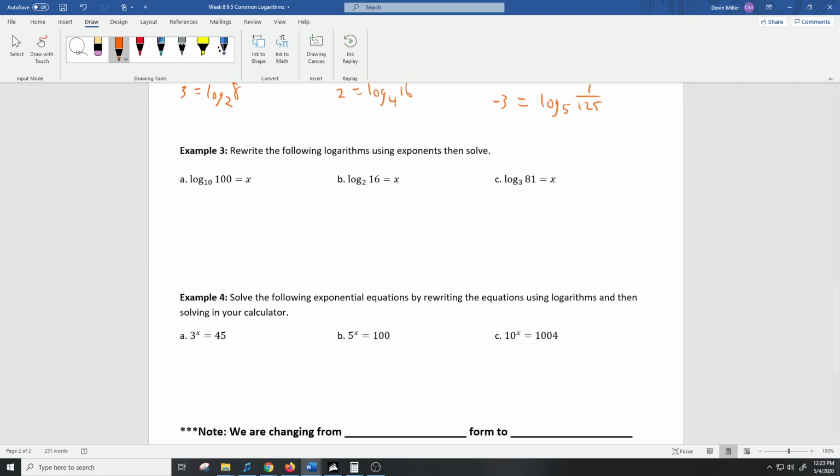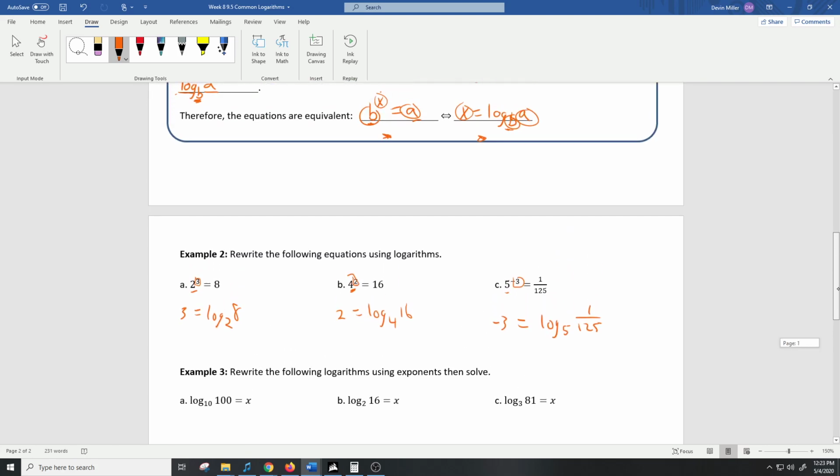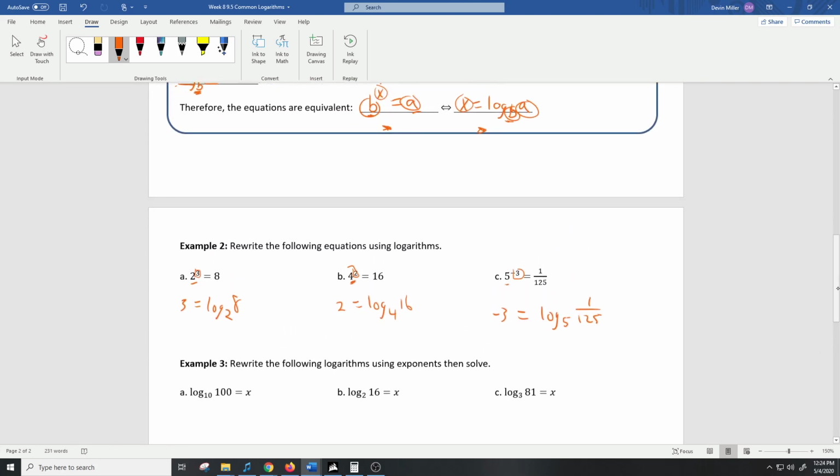So now we're going to practice going the other way. Rewrite the following logarithms using exponentials, and then we're going to be able to solve it. So log base 10 of 100 equals x. If I'm going backwards here, I think the easiest way to do this when we write it going the other way is that we're going to start with the base number because we want to start with b and then kind of work our way around.